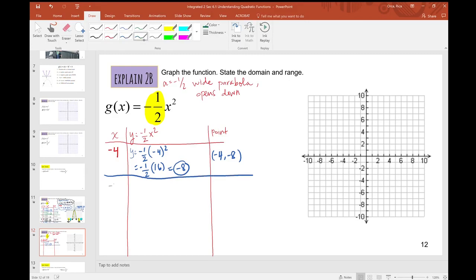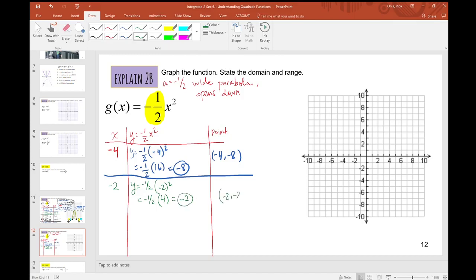When x equals -2, y will equal -1/2 times -2 squared. That's -1/2 times 4, which is -2.